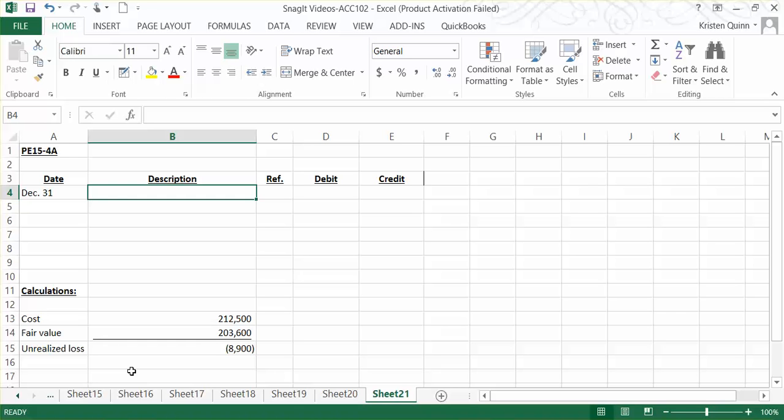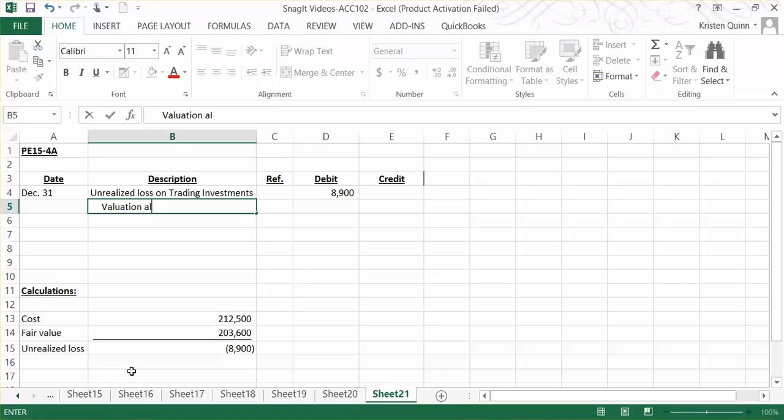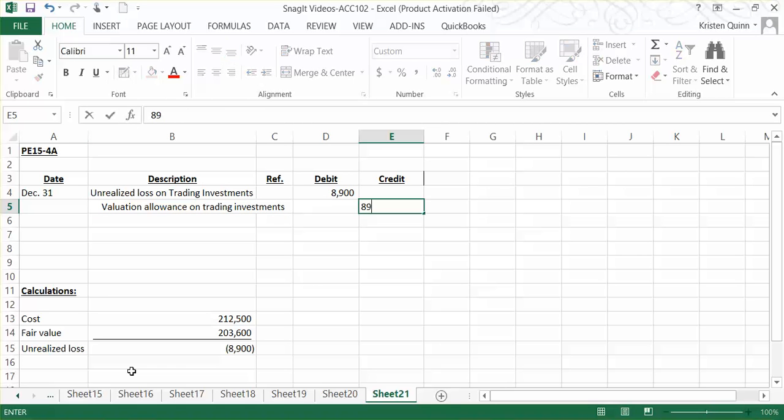So we are going to debit our unrealized loss on trading investments of $8,900, and we're going to credit the valuation allowance on trading investments of $8,900.